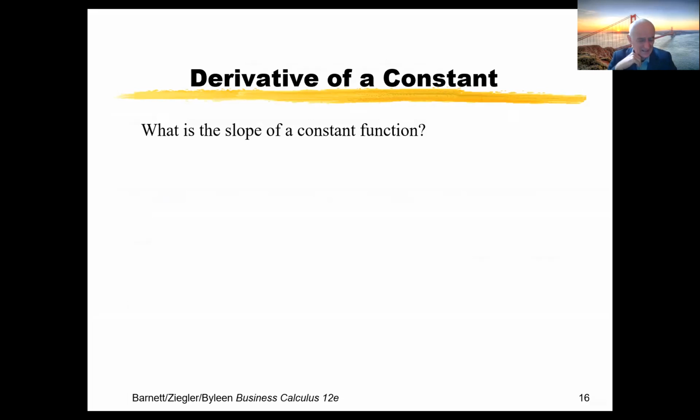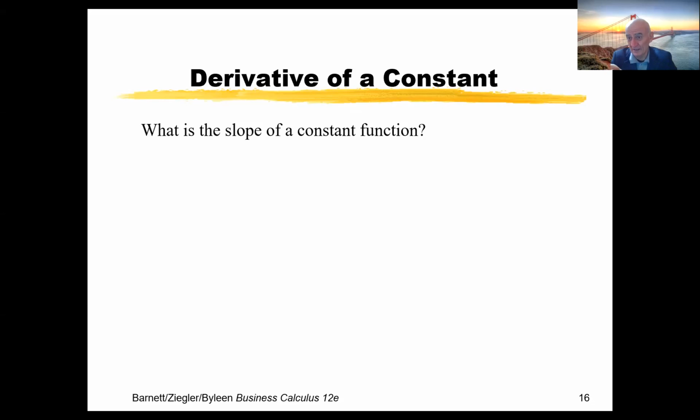Okay, the question now is, what is the slope of a constant function? We know it, and we recalled it. A constant function means, for example, f(x) equals 5, f(x) equals 7, and so on.